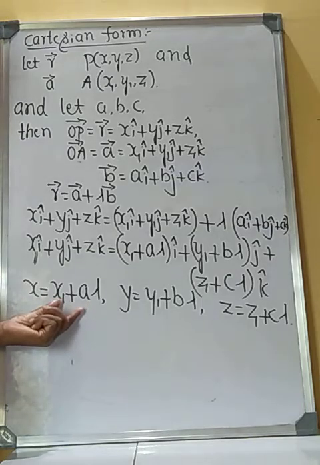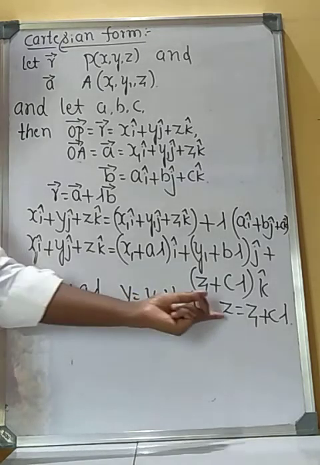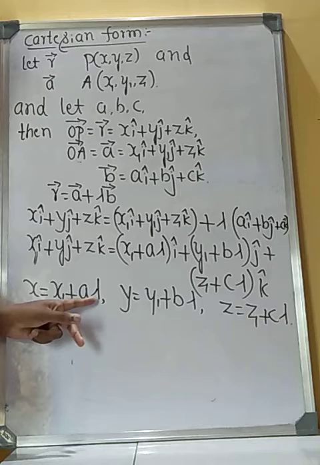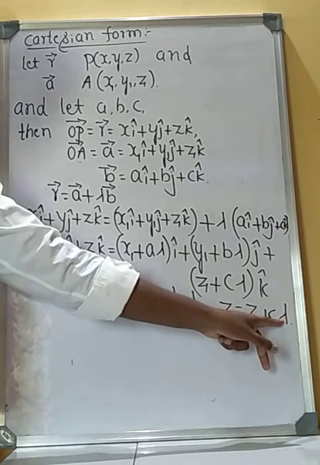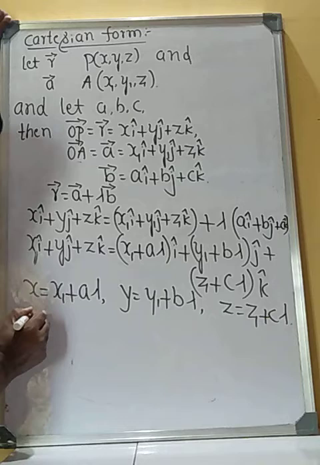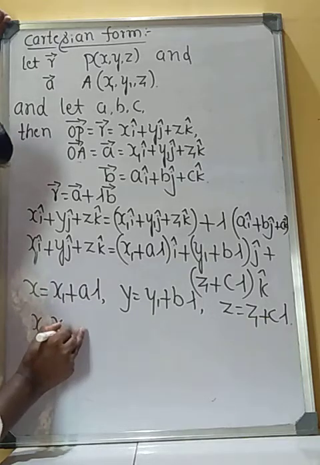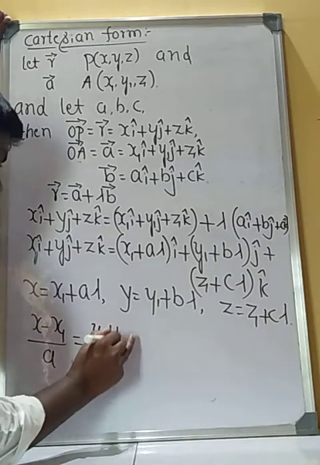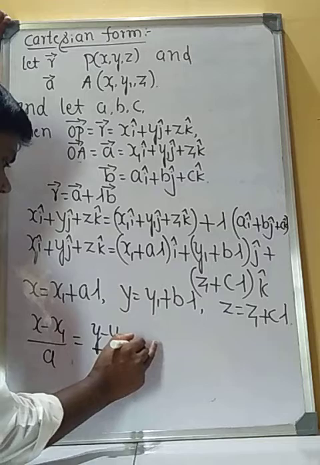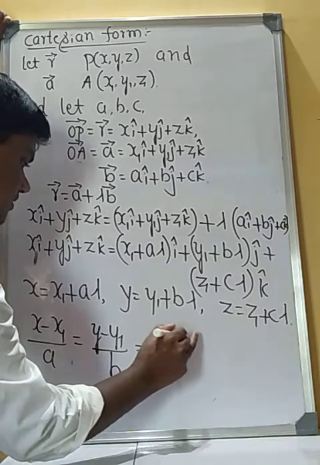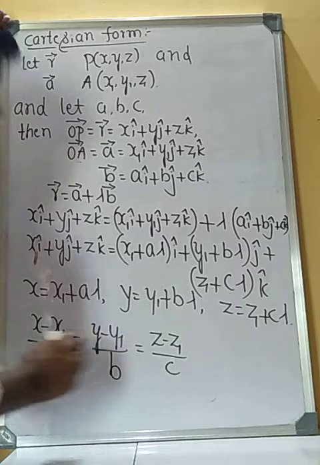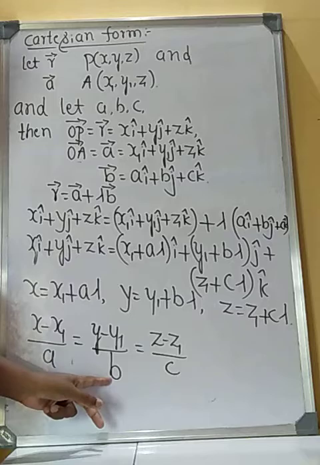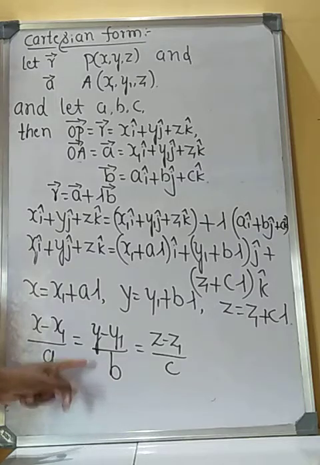These are the parametric equations of the line. Now eliminating the parameter lambda, x minus x1 by a is equal to y minus y1 by b is equal to z minus z1 by c, which is the Cartesian form of the equation of a line.